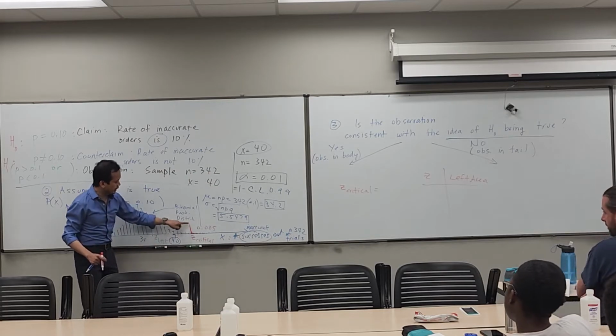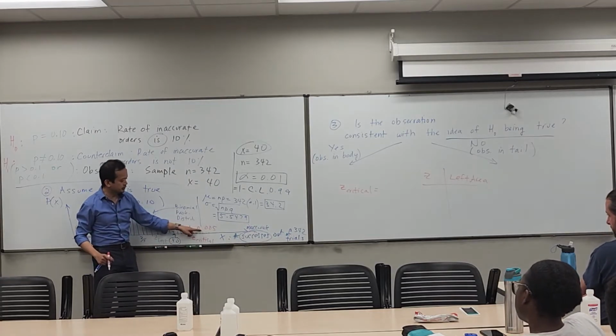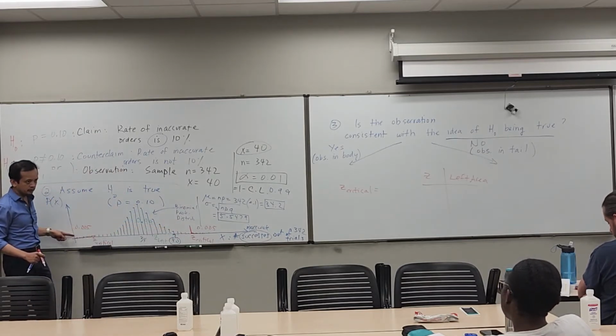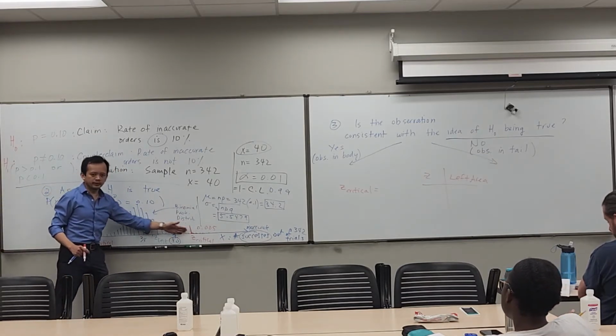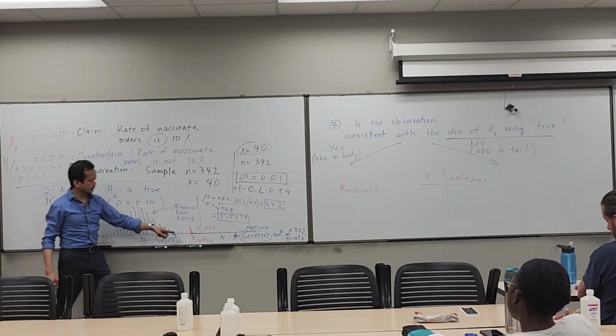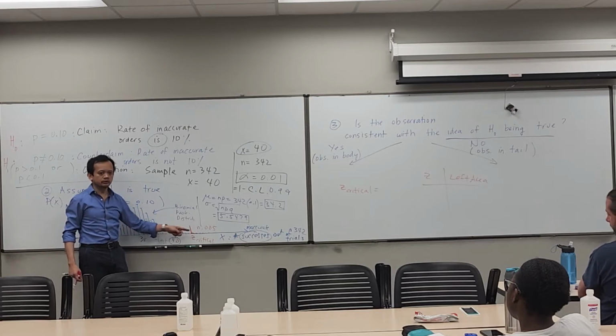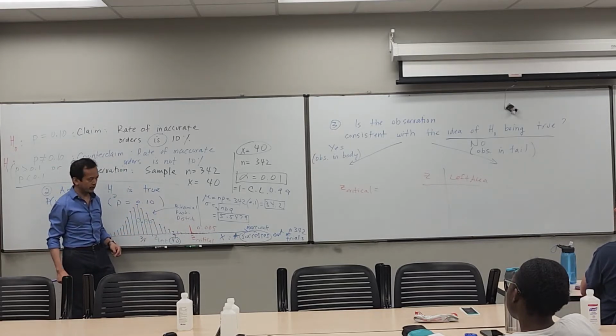So this z-score we're trying to find, we know the area to the right of it is 0.005, but using the chart, we need to know the area to the left of it under the bell curve. So we know the total area under the bell curve is 1. So if the area to the right of that z-score we're looking for is 0.005, then the area to the left is 1 minus that.